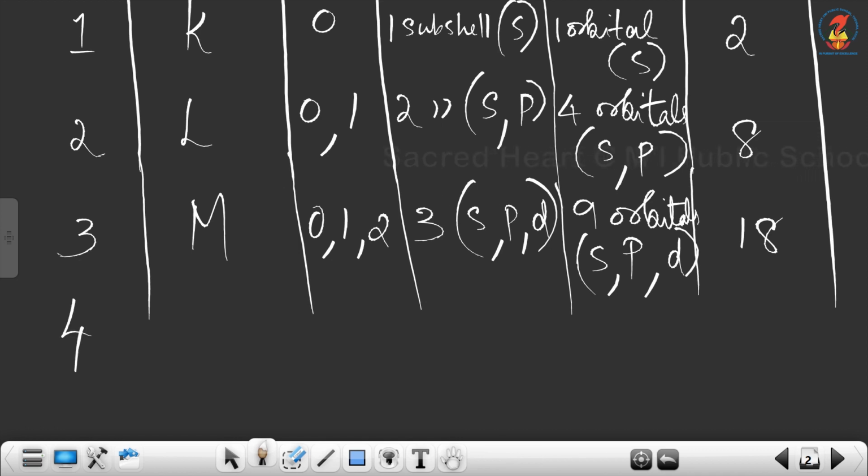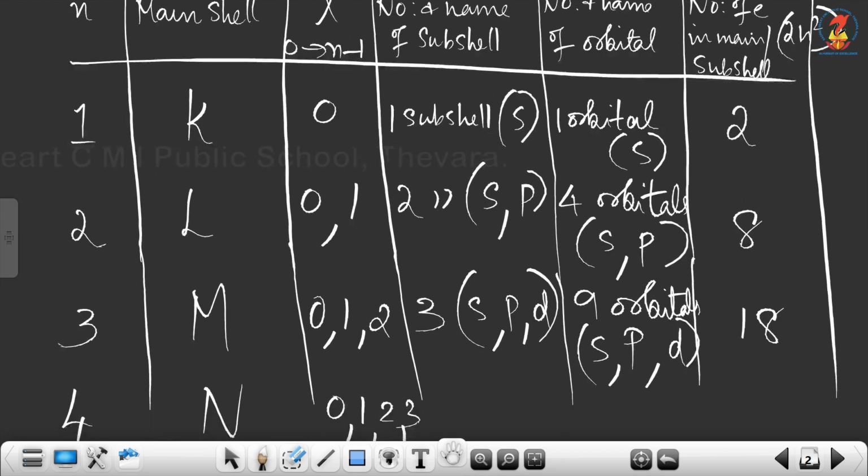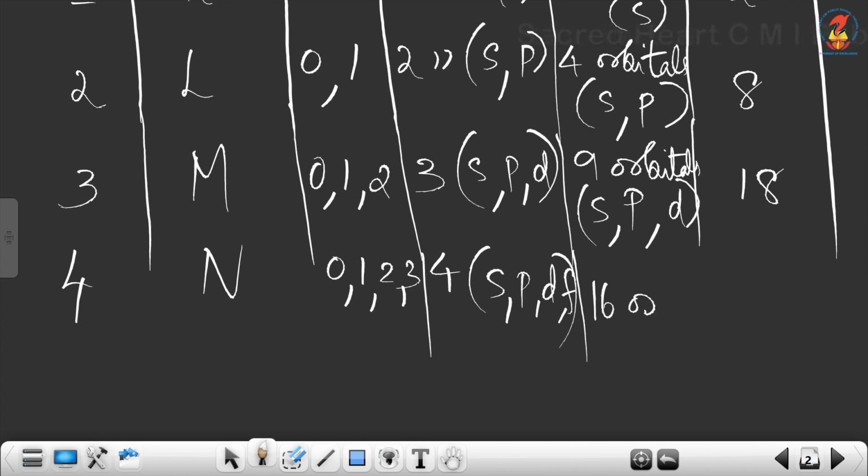Now next we have n is equal to 4, main shell N. The l values are 0, 1, 2, 3, and the next column is number and name of subshell. So we have 4 subshells: s, p, d, f. Now the number and name of orbitals: since n is equal to 4, n square means 16 orbitals.